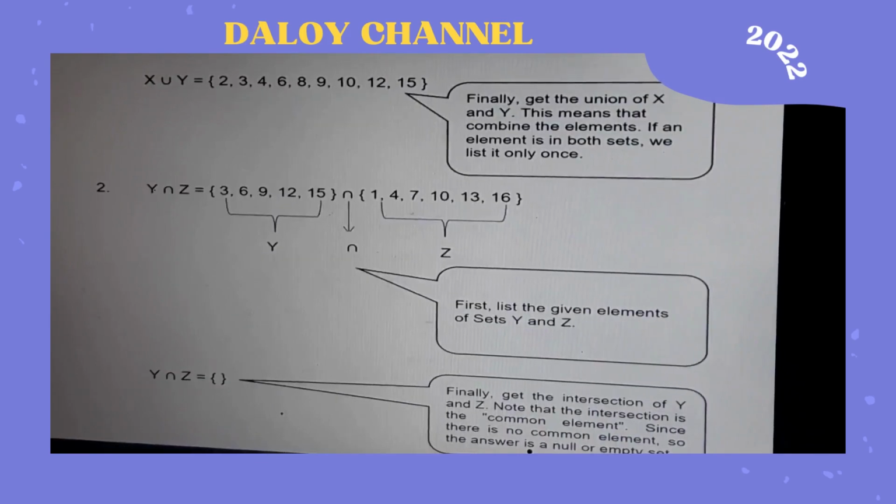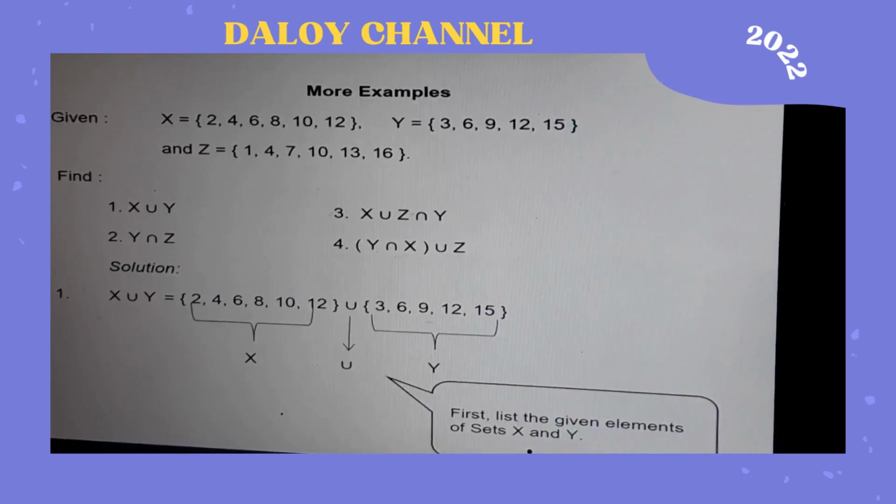Okay, I think it provides the complete illustration of finding the union between X and Y. First, you have to write all the elements in each set.